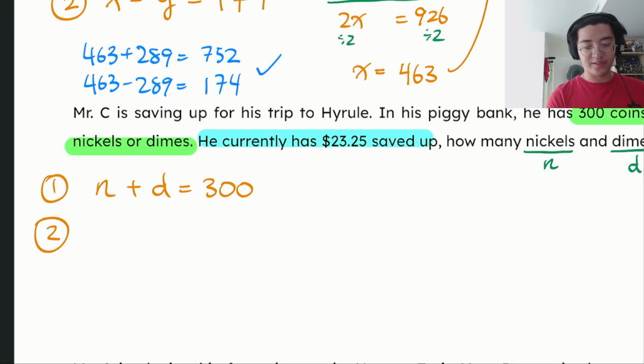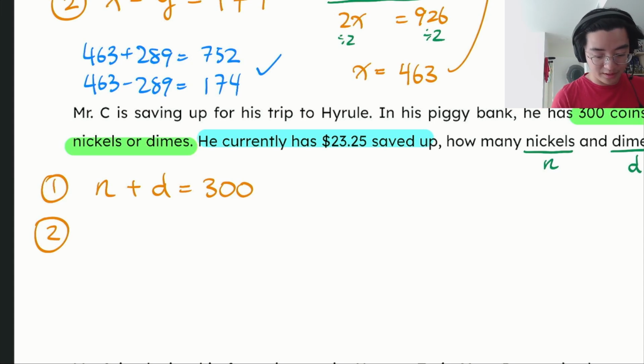And second piece of information is that he currently has $23.25 saved up. So how do we represent that? We know that a nickel is 5 cents and a dime is 10 cents. So what we can do is, the number of nickels times 5 cents and the number of dimes times 10 cents need to add up to $23.25.